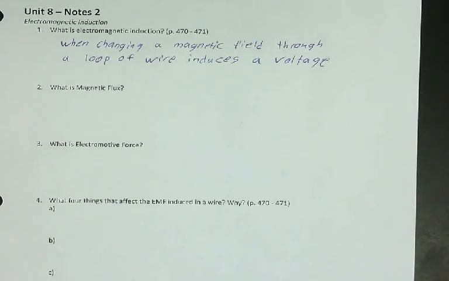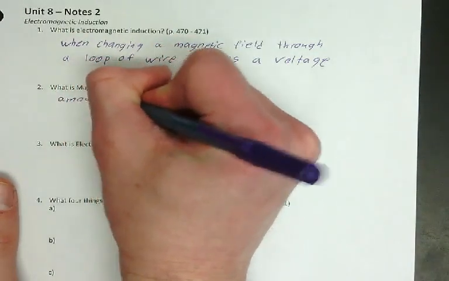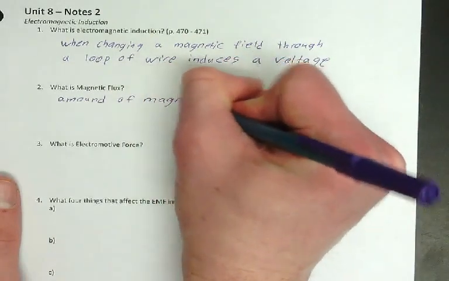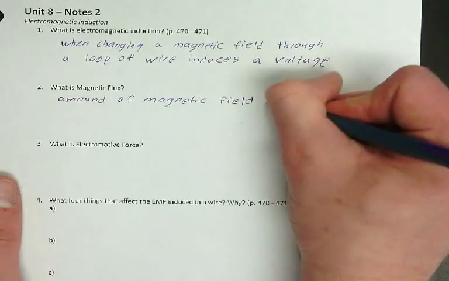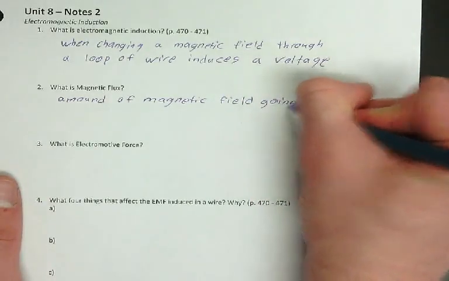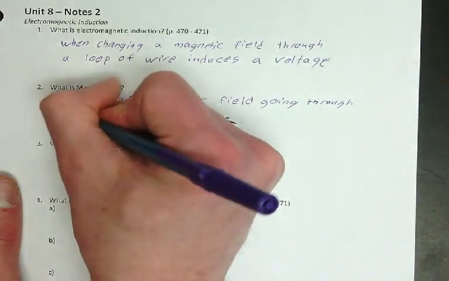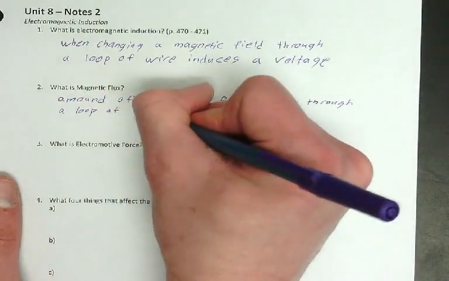All right. Number two, what is magnetic flux? So it's the amount of magnetic field going through a loop of wire.